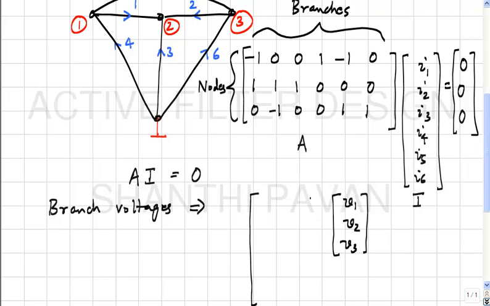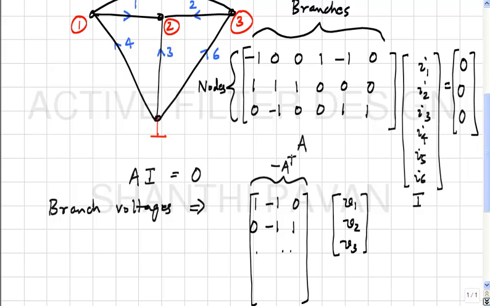Yes, the first branch voltage is what? It is V1 minus V2, and 0, and so on. And what is the voltage across branch 2? V3 minus V2, and so on. So what do you notice? You see that this is nothing but minus A transpose. Correct?